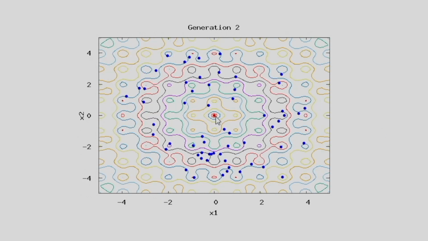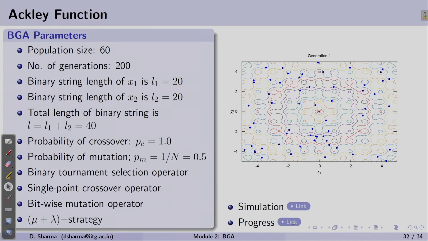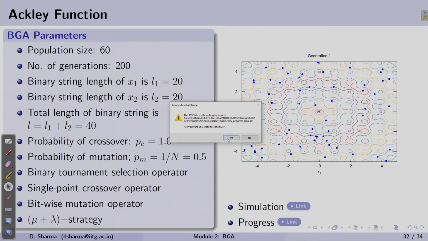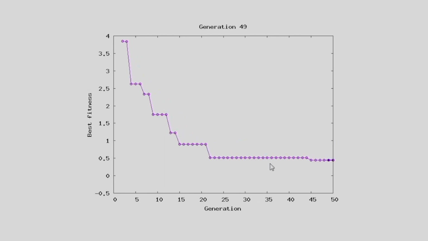Now see that the blue point is already on the red dot. Let us see the progress in this case. So there is a continuous improvement in the best fitness in the population.